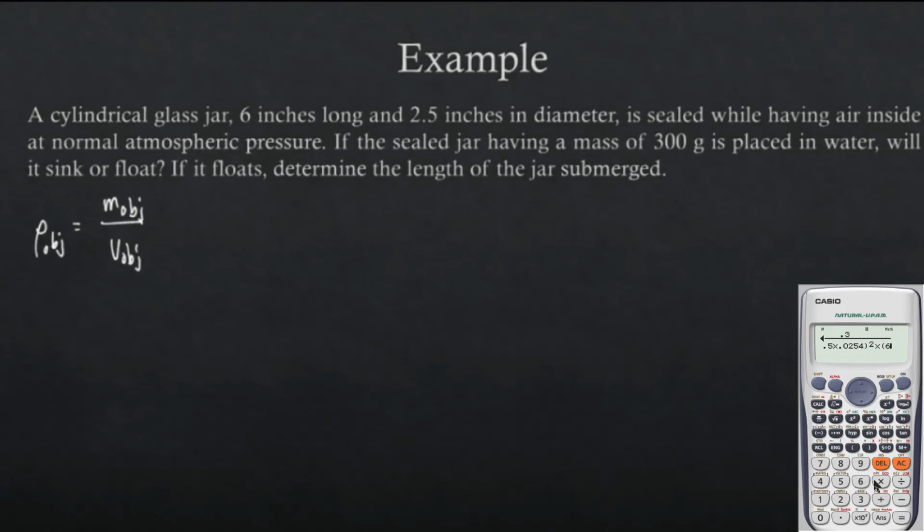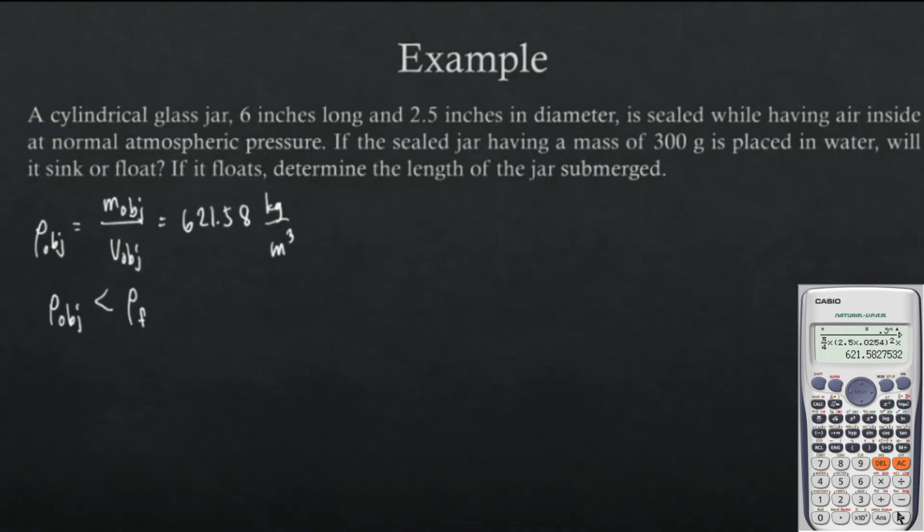For the height, that's 6 inches times 0.0254 to make it meters. The density of our jar is 621.58 kilograms per cubic meter. Now, will the jar float or sink? Let's compare the density of the object with the density of the fluid. The fluid, or in this case water, has a higher density than the object.